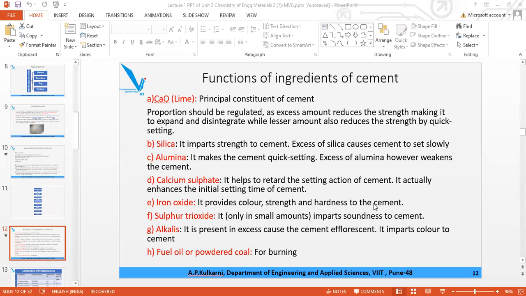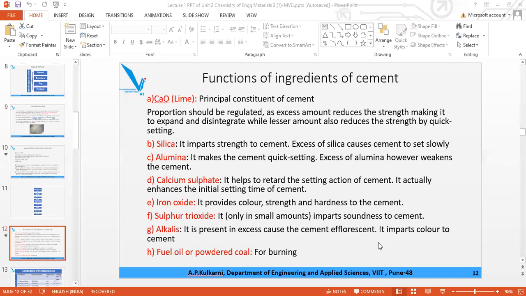The kiln is kept rotating at high temperature, so the coal will burn and help all the above constituents bind together to form the cement. That is the function of fuel oil. You can add a little fuel oil, or you can add powdered coal, for burning purposes.